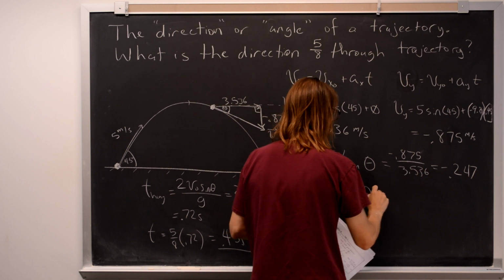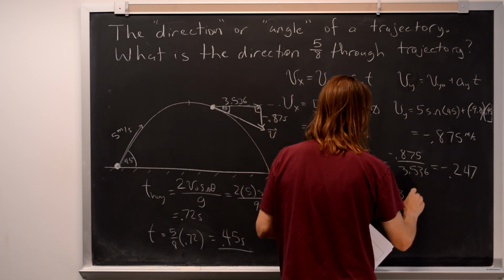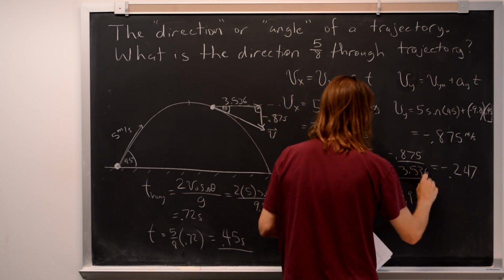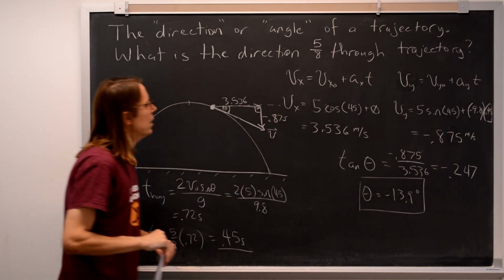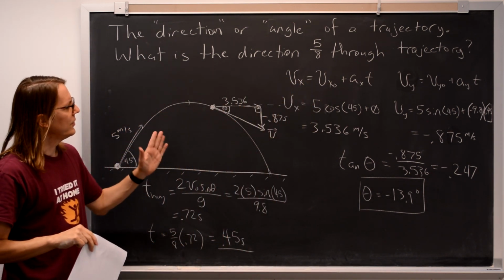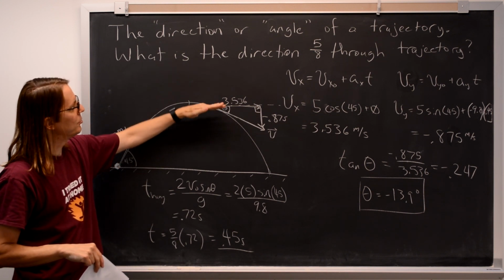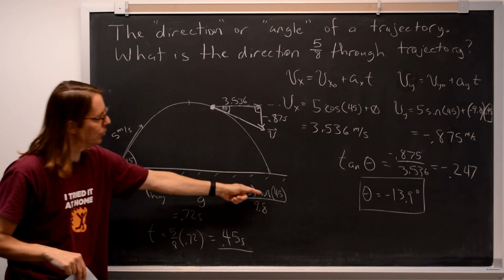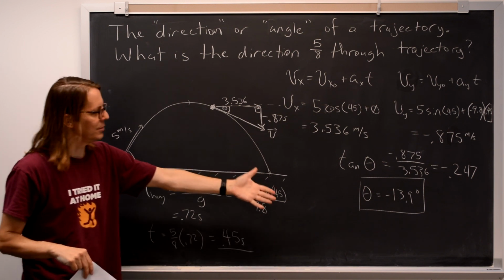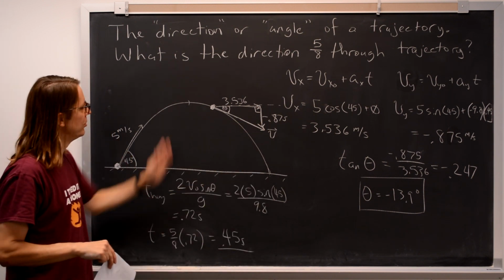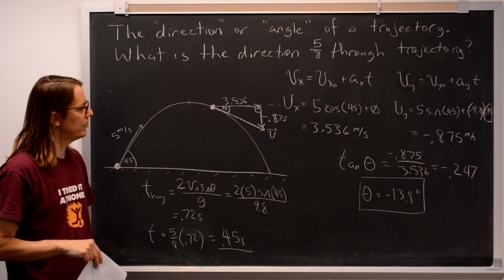You take the inverse tangent and you get about negative 13.9 degrees. So we ask, is that about right? Yeah. Once you're a little bit past halfway, you're going to have a small negative angle that will just grow as you go down. So negative 13.9 seems reasonable when you're just a little bit past halfway through the trajectory.